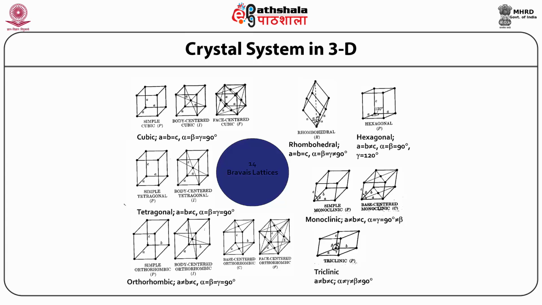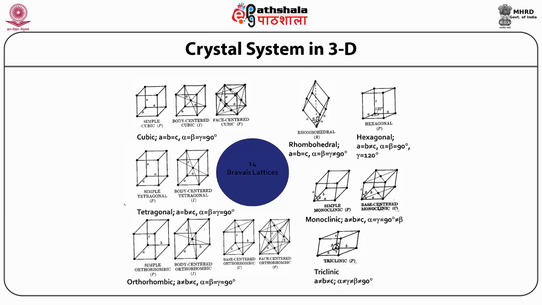Thus, the terminology point lattice and Bravais lattices are synonymous. This figure shows all 14 point lattices. These are called conventional unit cells as they show the symmetry of the lattice well. But again, it is not necessary to select a unit cell only in this particular way.